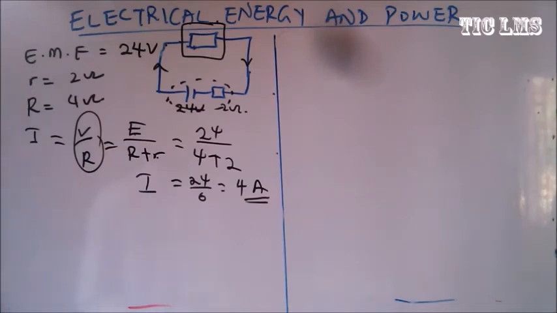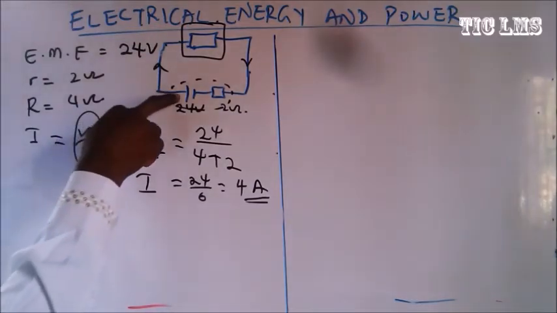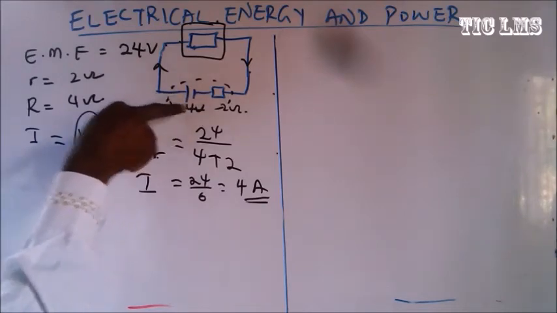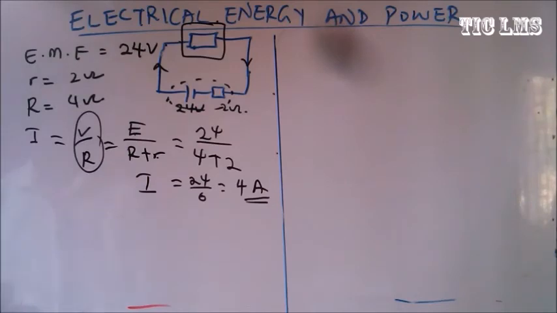B, we have to calculate the power input to the circuit. The power input to the circuit is the quantity of power being produced by this battery into this circuit is what we are interested in.